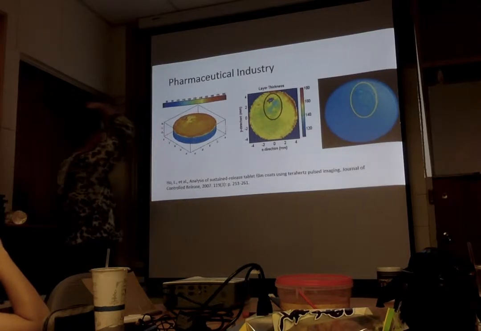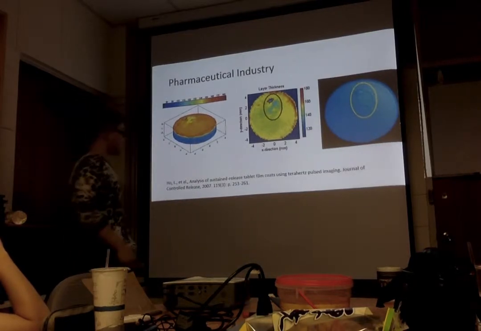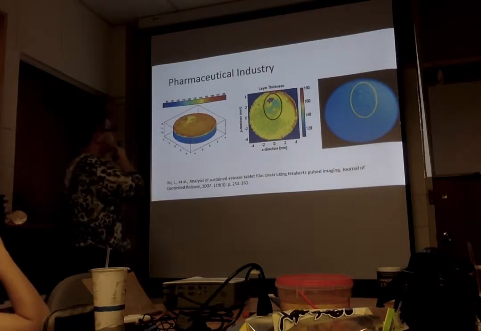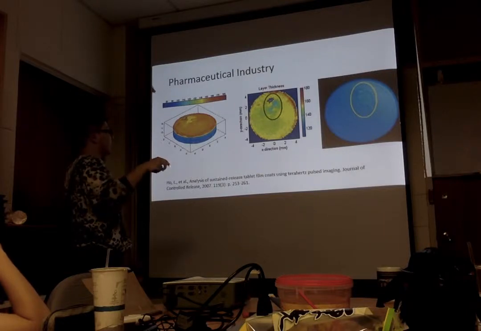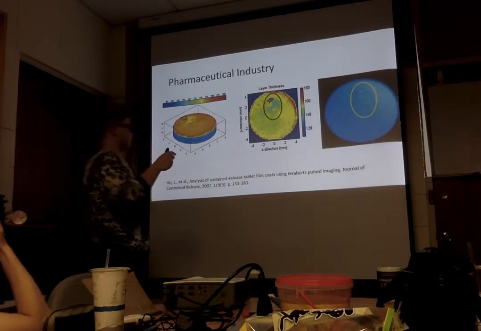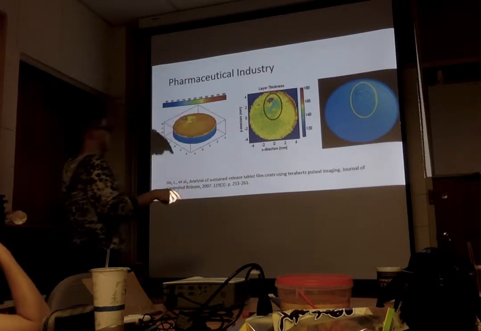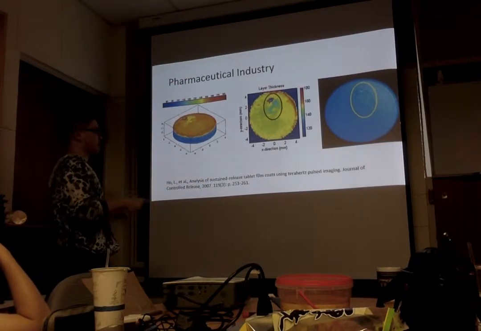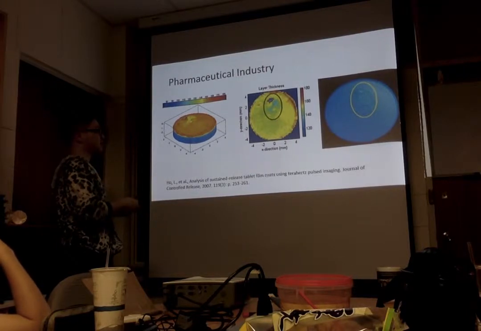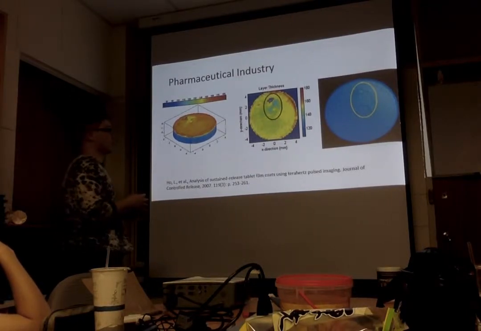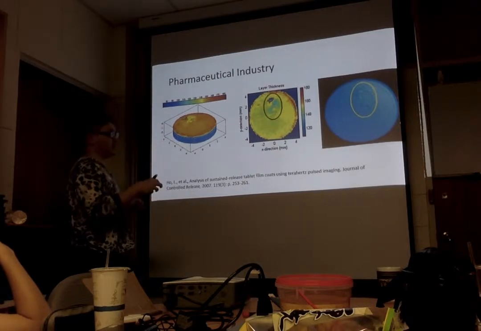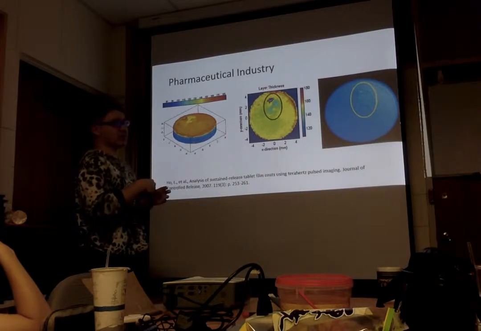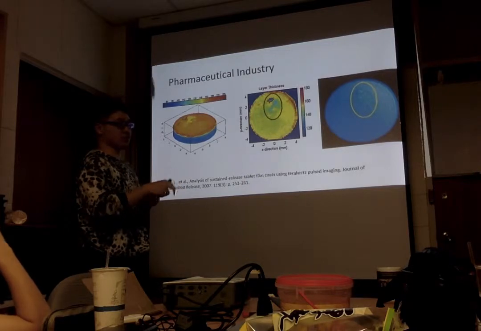And this is a drug. This pill has a tablet coating on the surface, and what this coating does is release the contents at the time we want it to release.